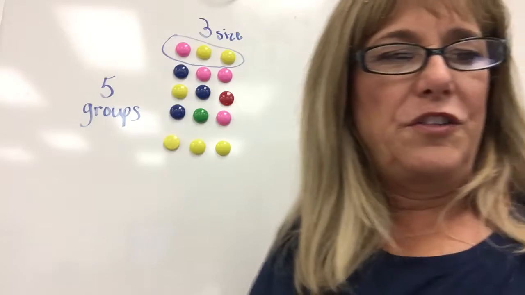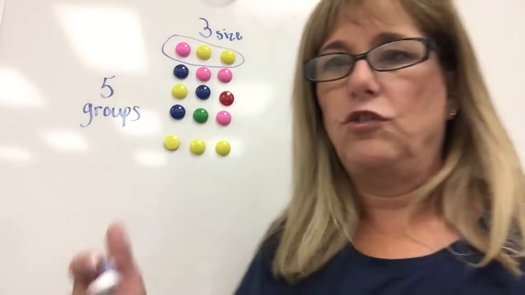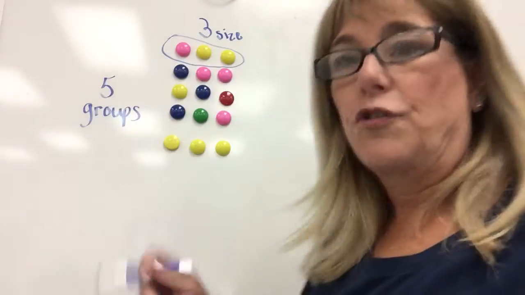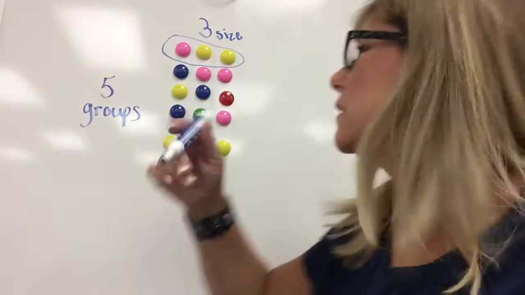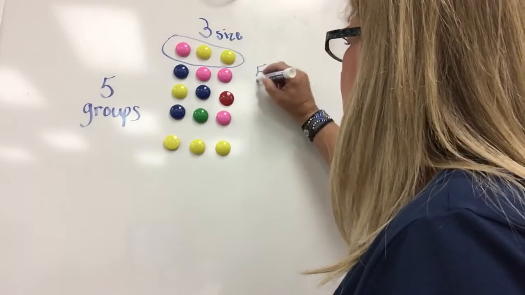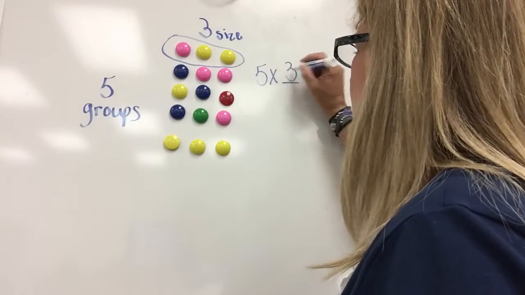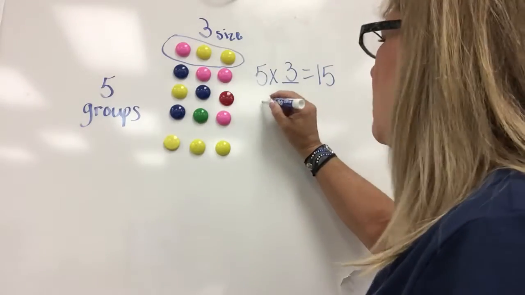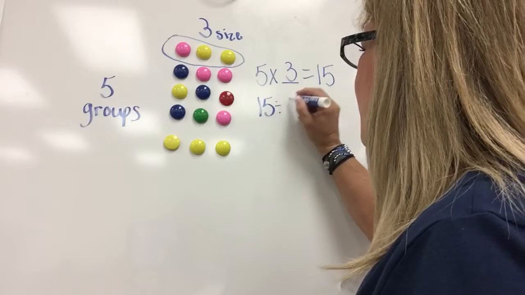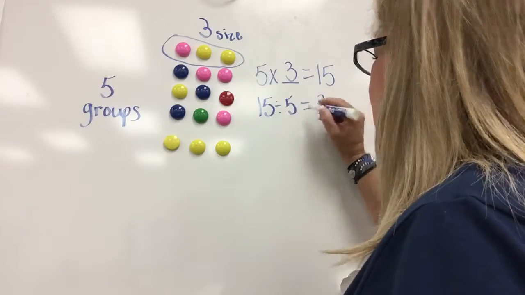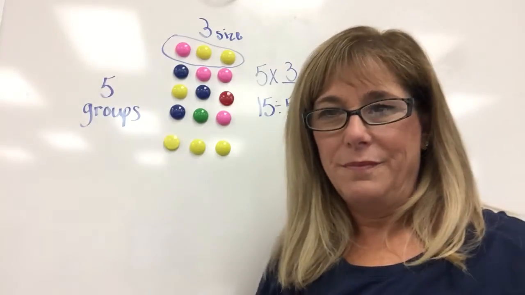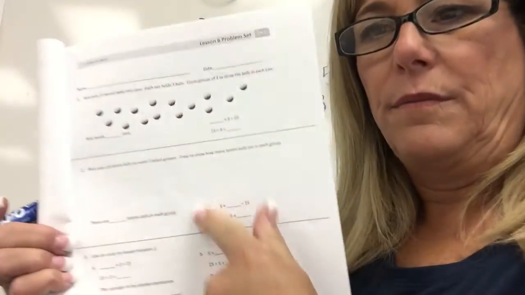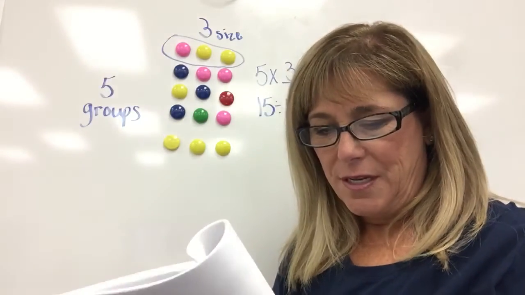So the question says there are blank tennis balls in each group. There are 3 tennis balls in each group. Just like we had, 5 times 3 equals 15. And my division problem, 15 divided by 5 equals 3. So now we've done problems 1 and 2.